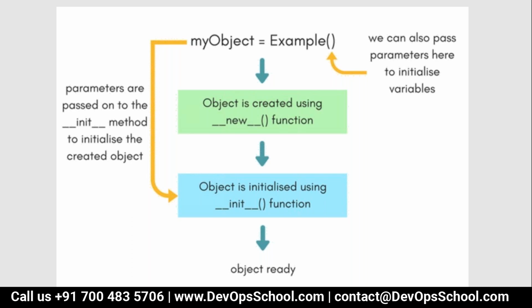While calling new and init, parameters are passed to the init method to initialize the created object. If you want to pass a parameter, you have to pass it to the init method.